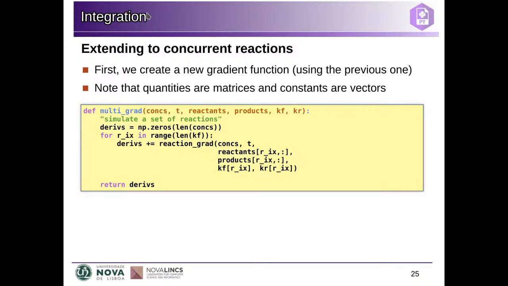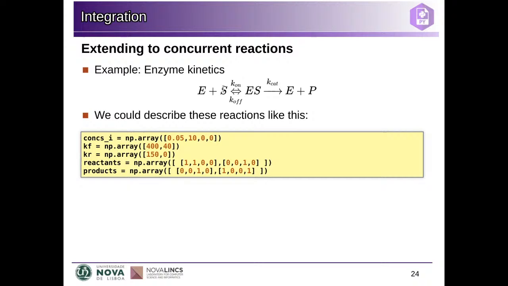So the idea here is that the way, for example, E is changing depends on this reaction here that is consuming E to generate ES, and this reaction here that is consuming ES and generating E again. So if we add the derivatives for the two reactions, we get the overall change of species E.